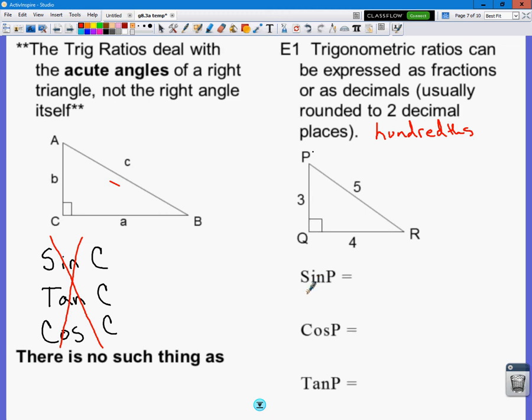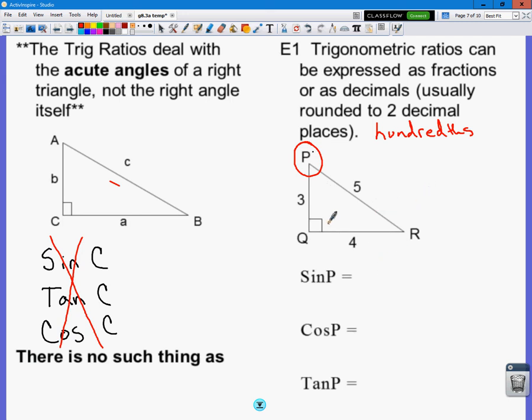So let's take a look at this first example, the sine of P. If they're going to use P, what I'm going to do is circle where P is at, and label all 3 parts: what's opposite, what's adjacent, what's the hypotenuse.